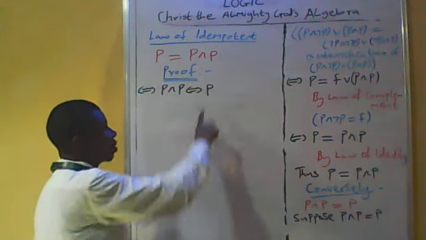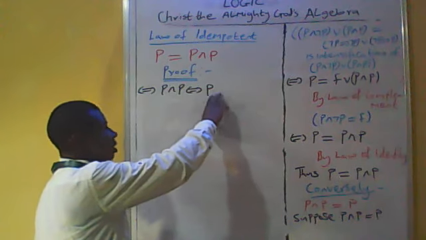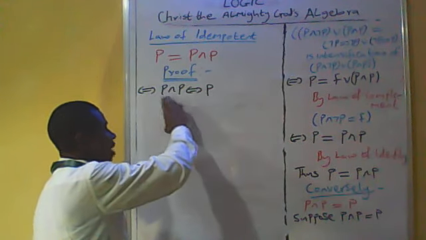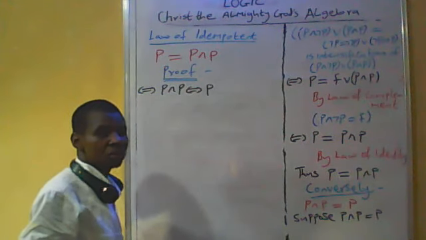In the same vein, whenever P, the right side, is false, also P and P, the left side, must also be false.